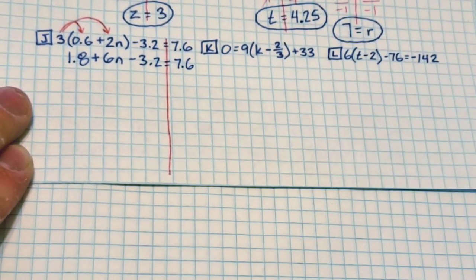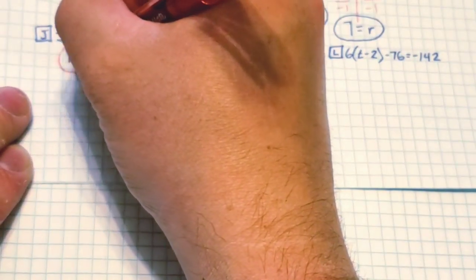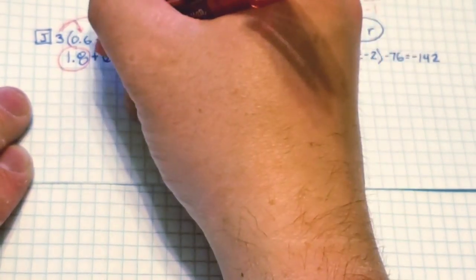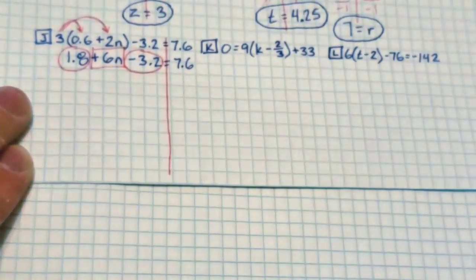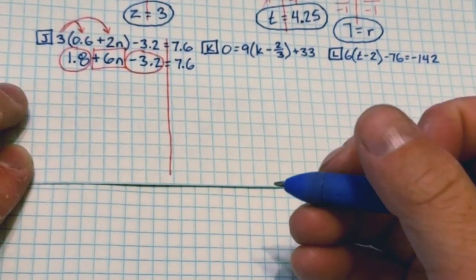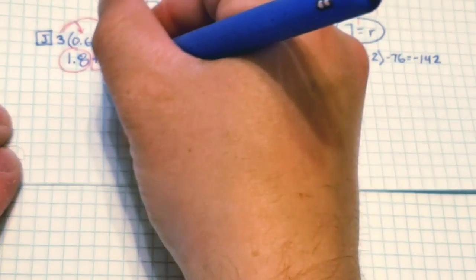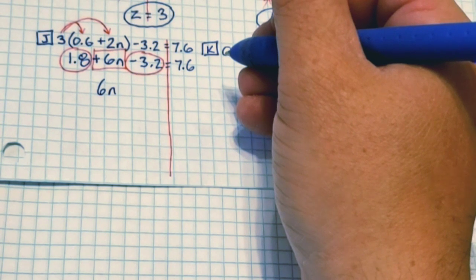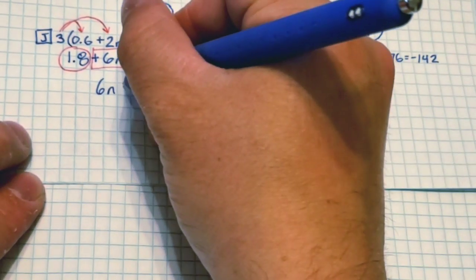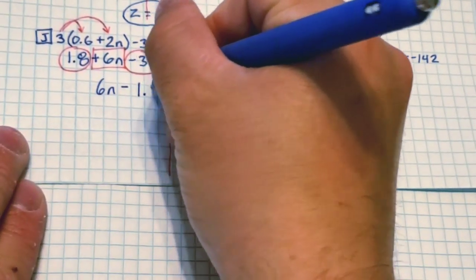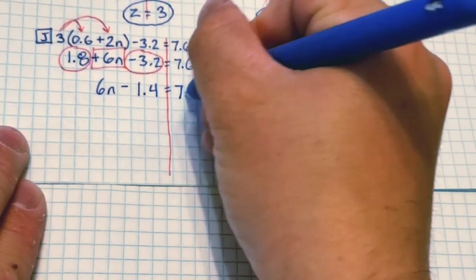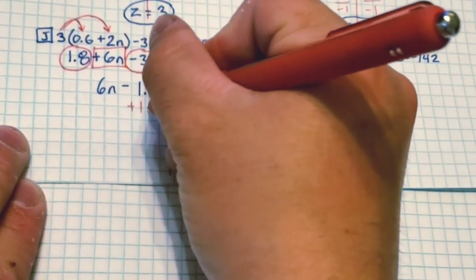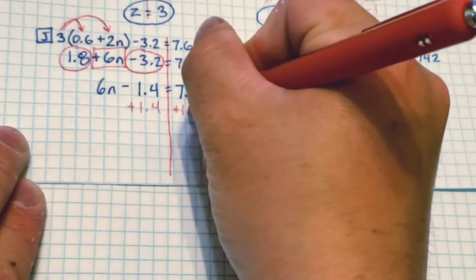Now we look for like terms. The 1 and 8/10 and the negative 3 and 2/10 are like terms. The positive 6n doesn't have anything, so let's bring it down. Then 1 and 8/10 minus 3 and 2/10 is a negative 1 and 4/10 equals 7 and 6/10. We're going to add 1 and 4/10 to both sides.